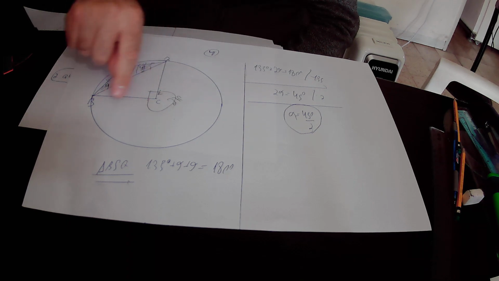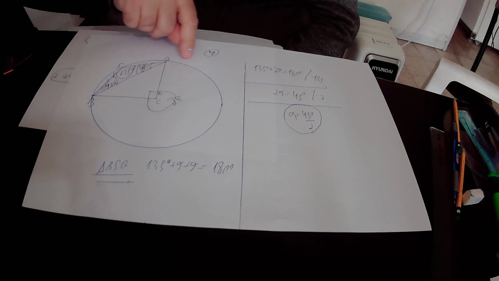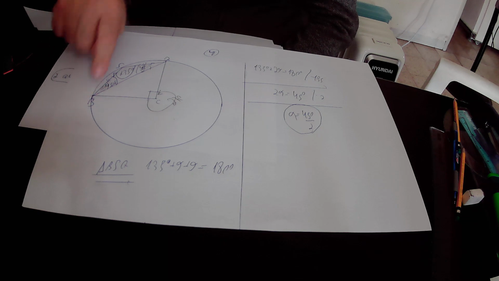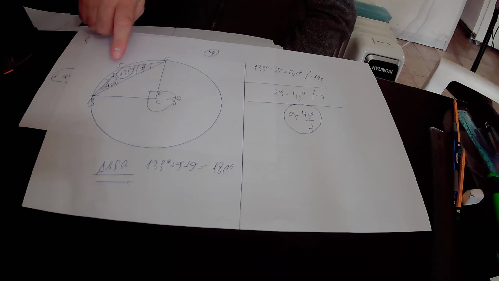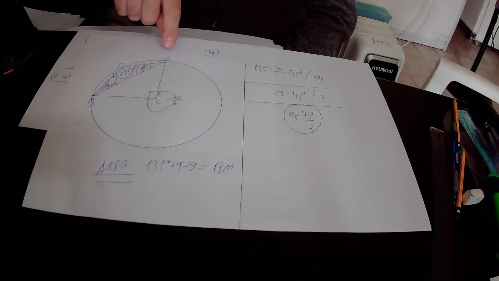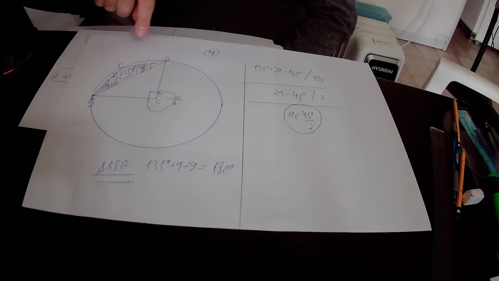This central angle QCB is subtended on the same arc QB. Therefore, according to rule number 13, the central angle QCB must be twice as large as the peripheral angle QSB that's subtended on the same arc QB.